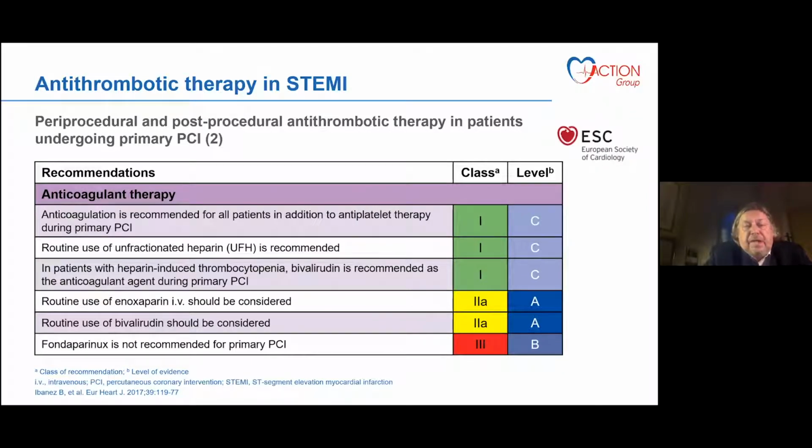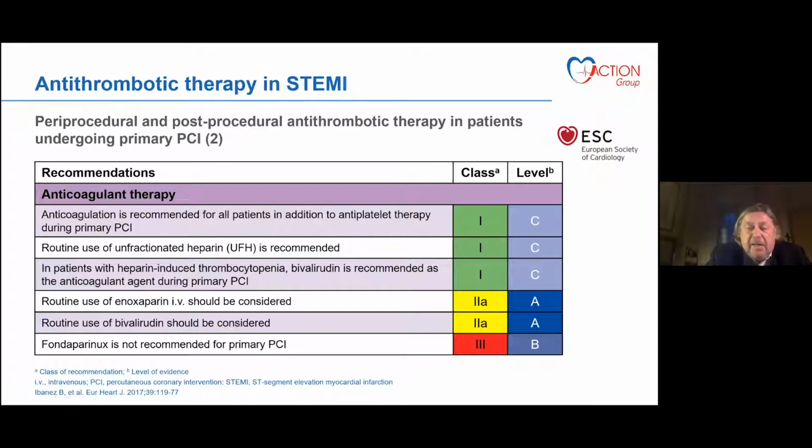Now, what about the antithrombotic therapy with respect to the anticoagulants? Here we have clear recommendations. This is all expert related, as there are no comparable good data compared to the antiplatelet drugs. But here first we have to use anticoagulant therapy, and usually it's unfractionated heparin or a low molecular heparin.